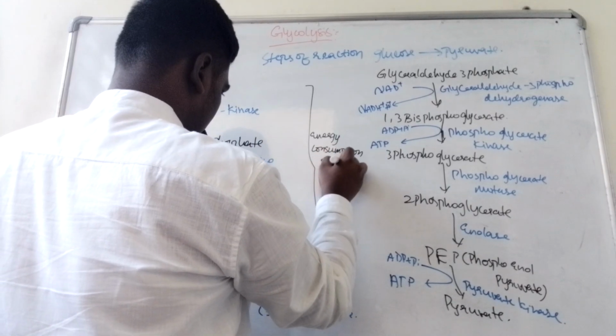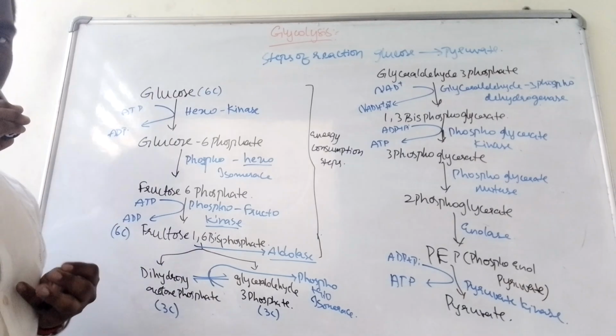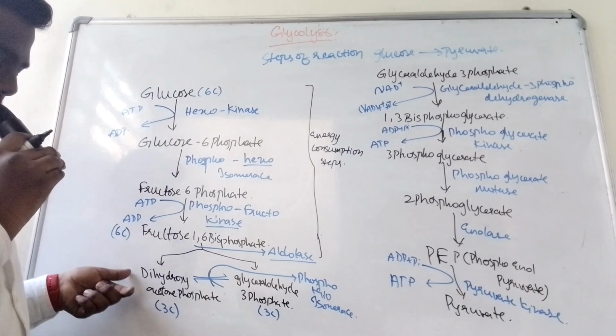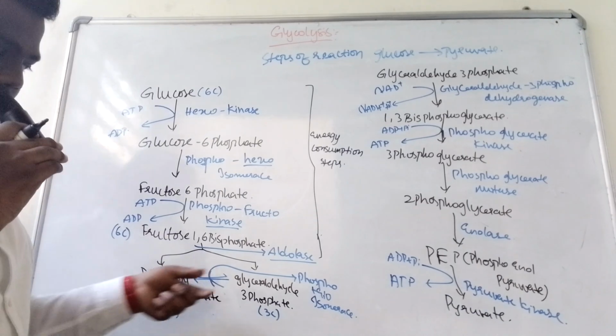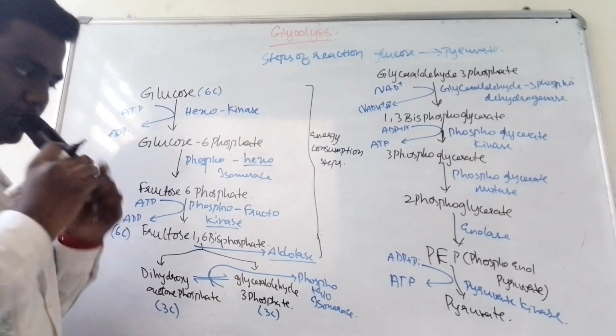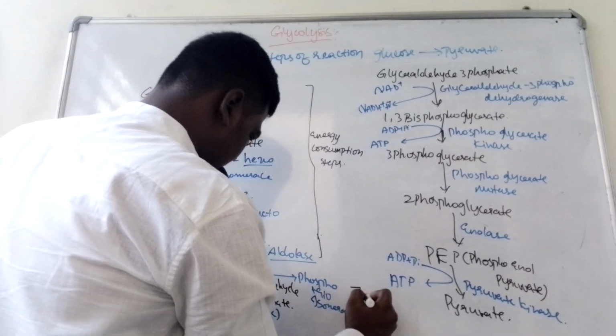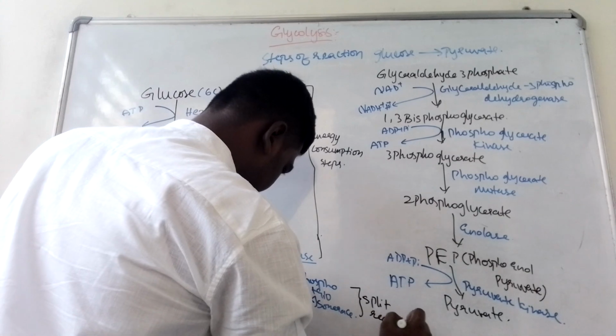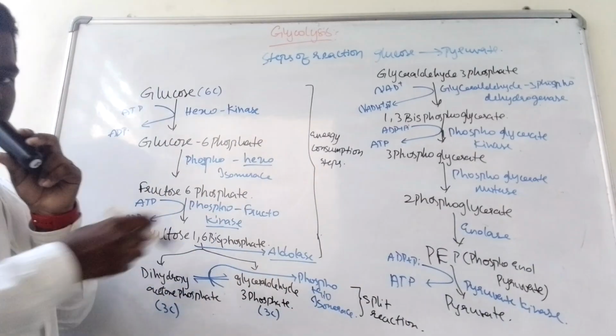Okay, energy consumption steps. Here, fructose 1,6-bisphosphate is getting converted to dihydroxyacetone phosphate or glyceraldehyde 3-phosphate. This is called as your split reaction or split step. Because splitting is taking place.